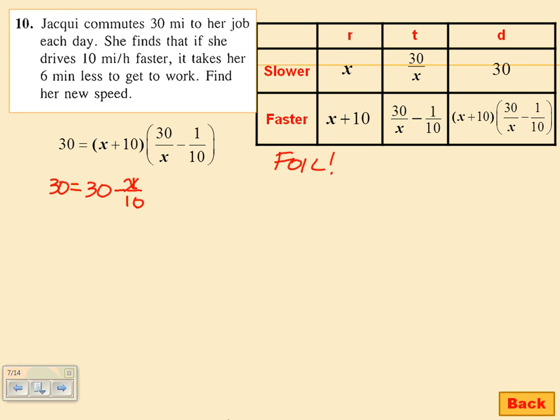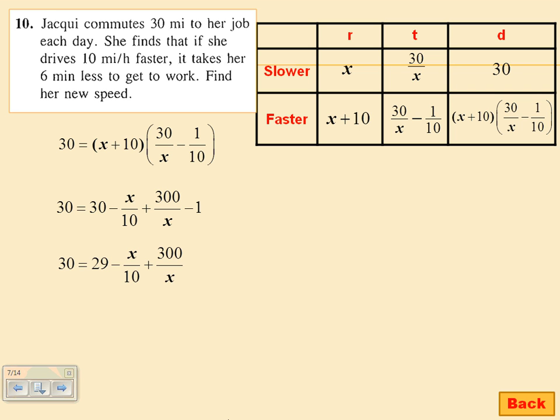If I multiply the inside numbers, that's 10 times 30 over X. That gives me 300 over X. If I multiply the last numbers, 10 times negative 1/10, that gives me minus 1. So at this point, I can do some simplification. 30 minus 1 simplifies to 29 on the right-hand side.